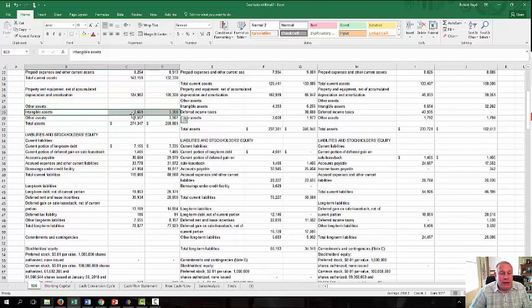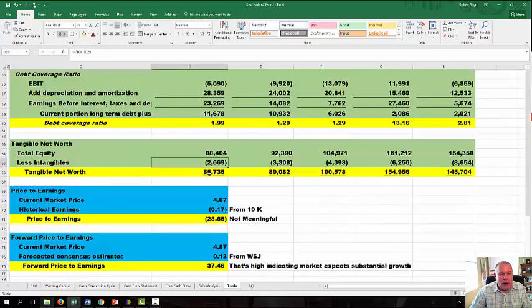These are intangible, so there's nothing physical with them. So we take them off, and we can see that the difference between total equity and tangible net worth is actually pretty small. This helps us understand that there's not a lot of intangibles.